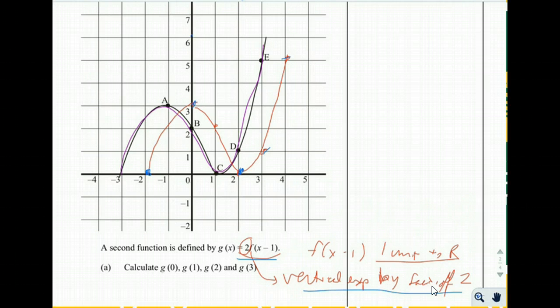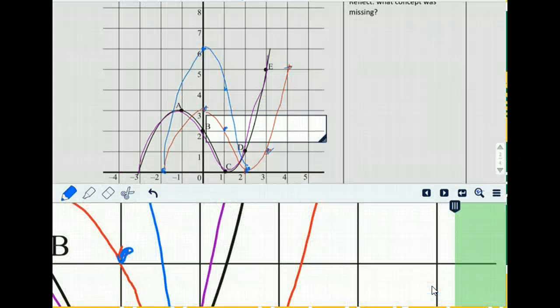We multiply by 2, and now it's going to be 6 away from the x-axis. It kind of looks like that. This point here is 2 away from the x-axis. Multiplied by 2, it's going to be 4 away from the x-axis. And then this point here is 1 away from the x-axis. Move it away by a factor of 2.